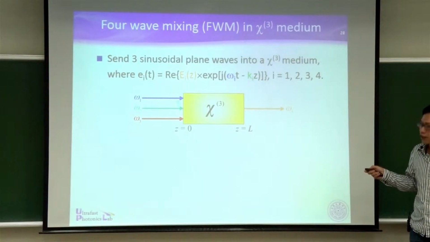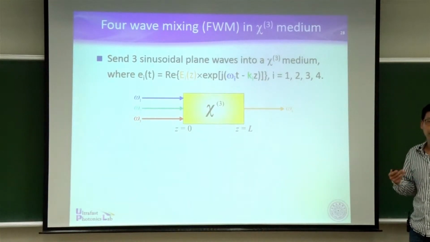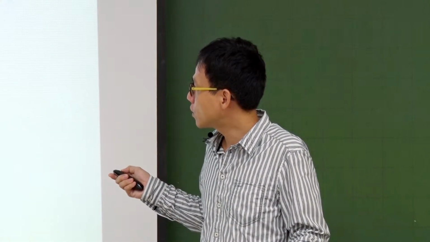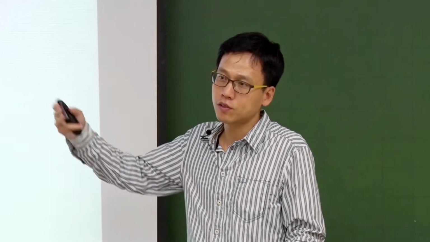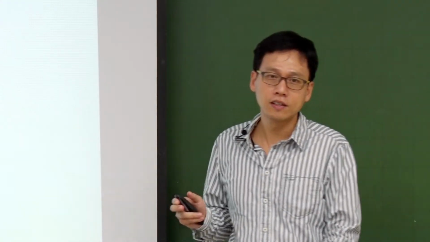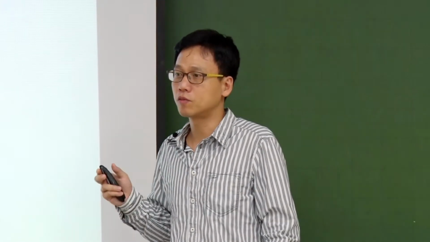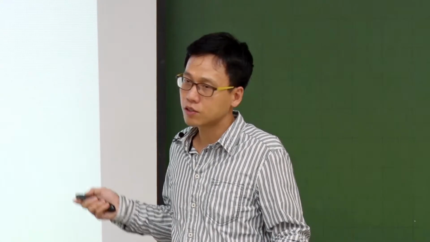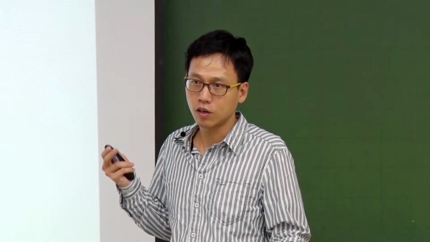But when they interact with each other, transferring some energy to the new frequency component at omega 4, all three amplitudes will decay with z. On the other hand, the phasor of the new frequency omega 4 will increase from 0 to some value. So these phasors are no longer constant. They are functions of z, and our purpose is solving these four functions of z.